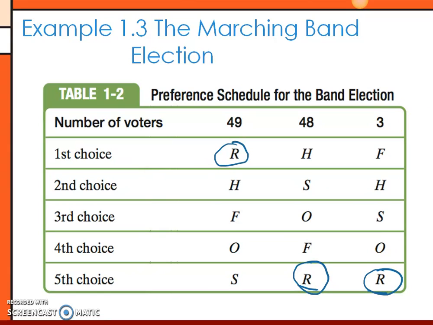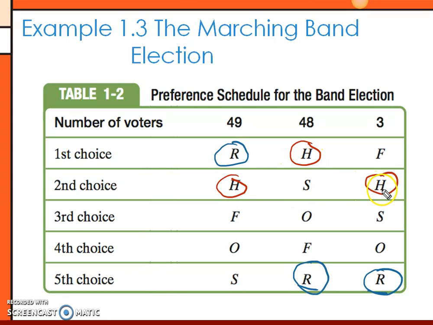There's no reason we have to use plurality. We didn't say we were doing that in the beginning. They're just using this as an example of why plurality sometimes isn't a great method. So only 48 people, one less person, put Hawaii or Hula Bowl as their first choice. But see how everybody else put the Hula Bowl as their second choice? These people will be happy they got their first choice.